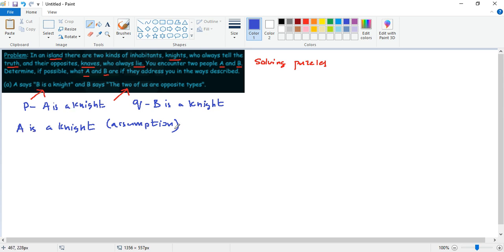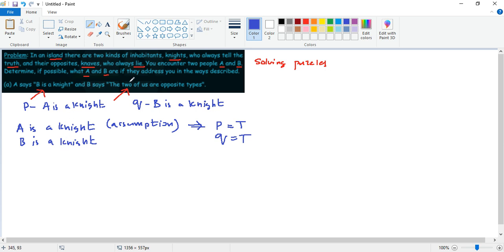So according to this assumption, P is true, right? Now, A says B is a knight. So according to our assumption, Q should also be true because A can only say the truth.